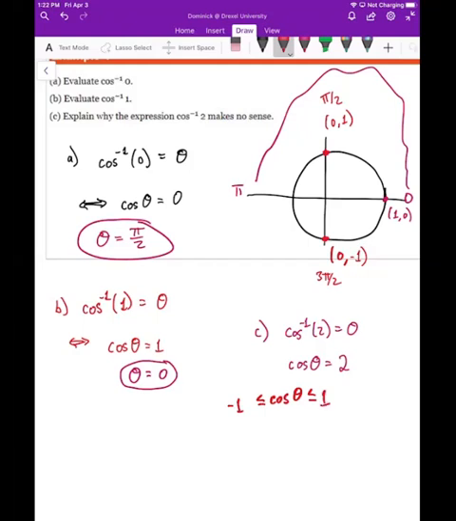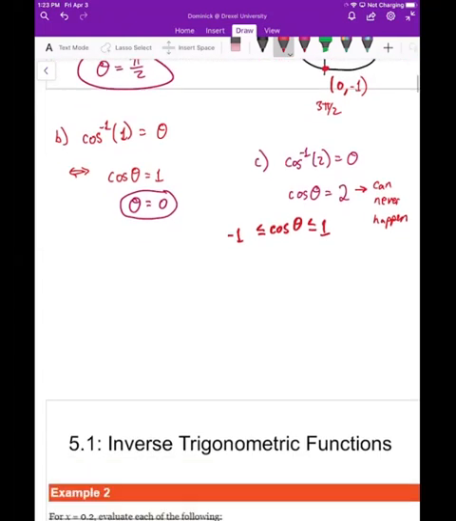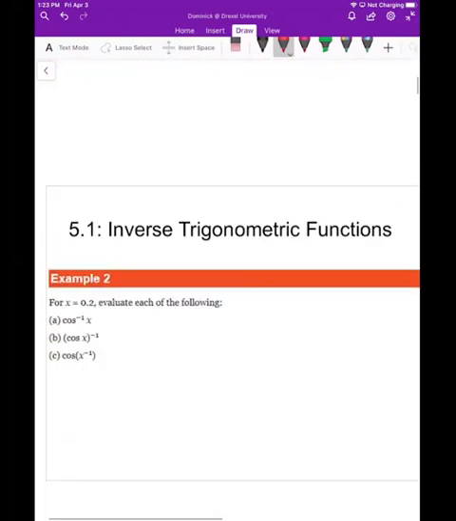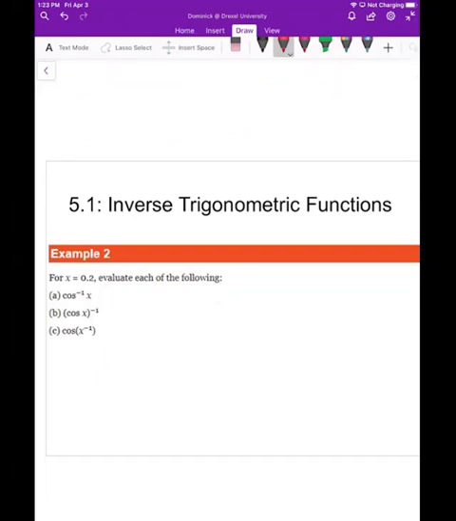So you're never going to get to 2. So this can never happen. All right, so you have to be careful there. And that just speaks to our point that the domain of the arccosine is all numbers between -1 and 1, okay?